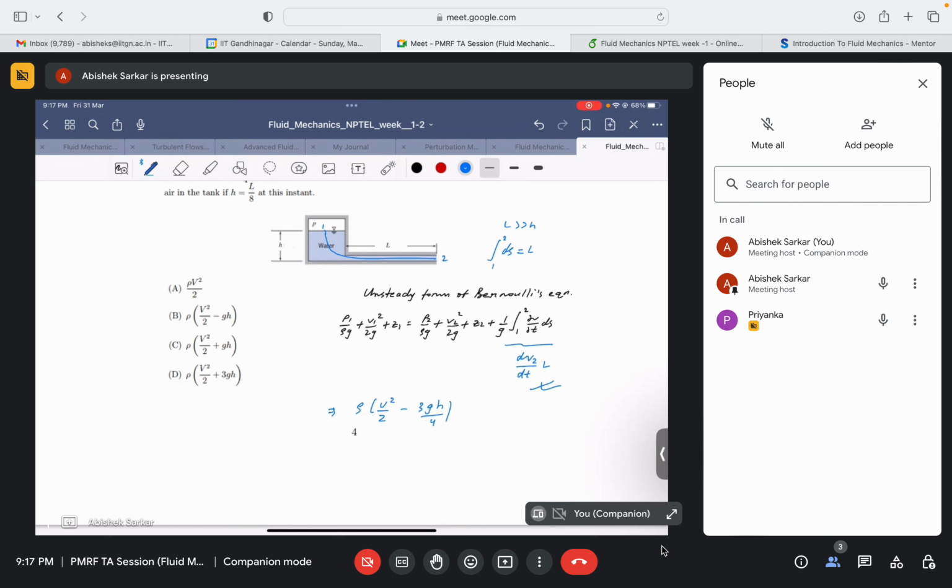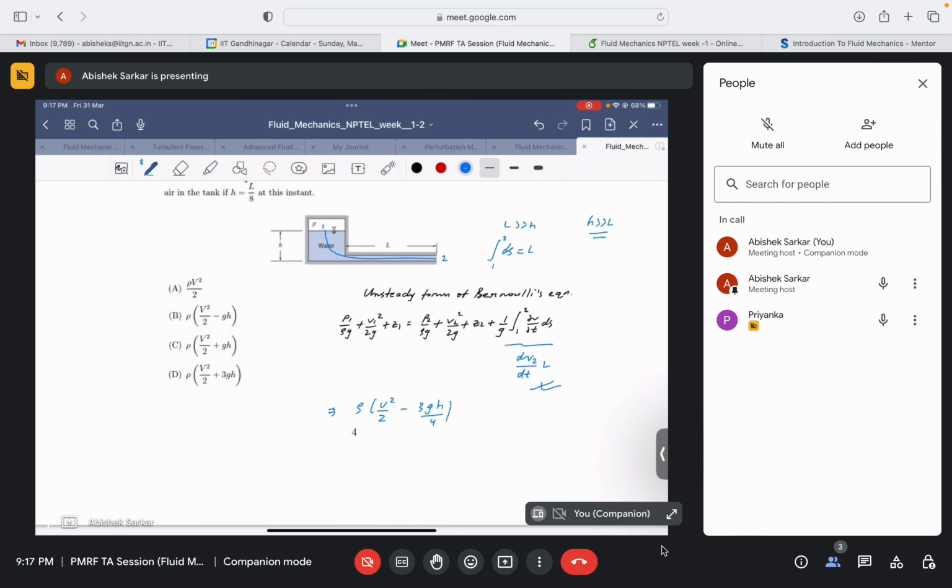So why did you consider it to be h? What was your assumption to take it as h? Have you considered the tank to be very large so that h is much larger than L? Have you taken it to be this case?